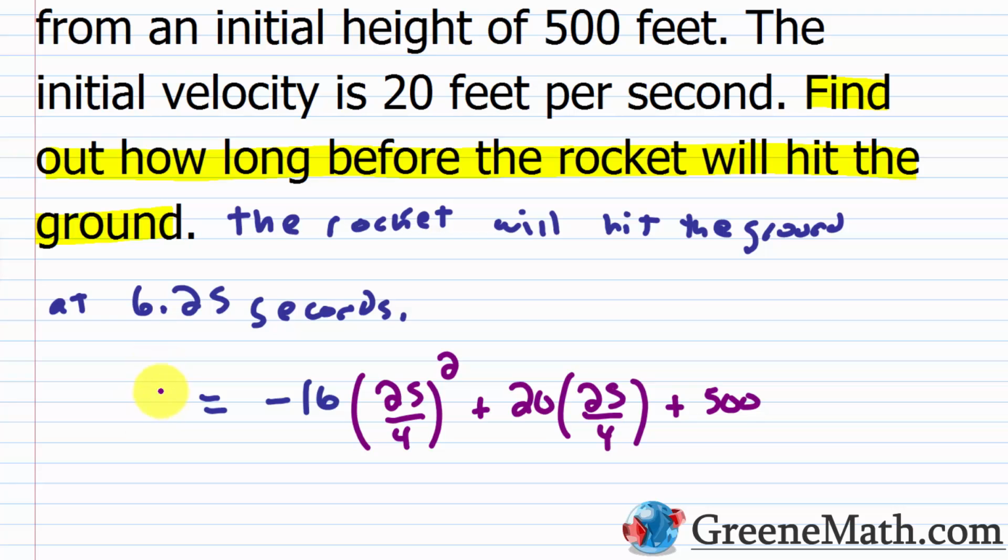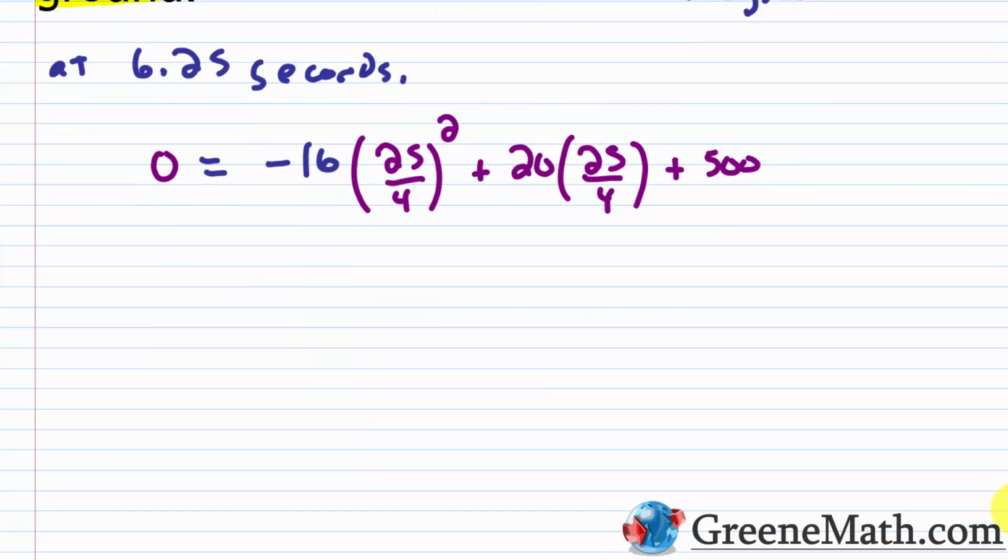So we just check this, make sure we got the right answer. So 25 squared is 625, 4 squared is 16. So this would be 625 over 16. This cancels with this and gives me a negative 1, so this would basically be negative 625. And most of you can already see this is going to work out.